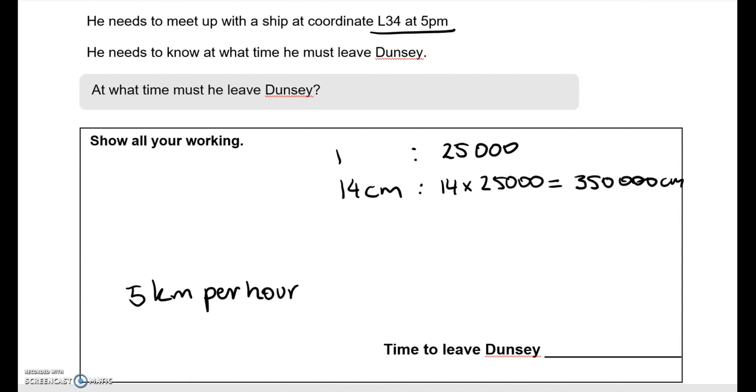So 350,000 centimeters. We'll convert this to meters first, and we know that there are 100 centimeters in 1 meter, so we're going to divide this by 100. So we're literally knocking out the 2 zeros at the end. So we've got now 3,500 meters.